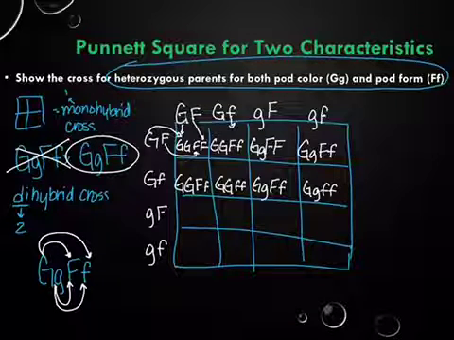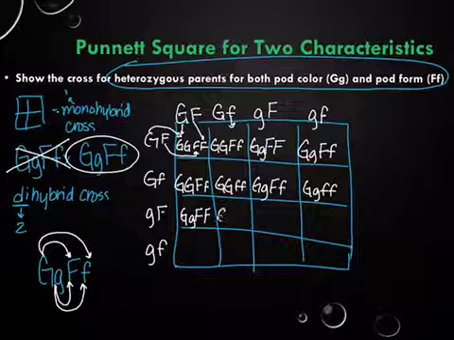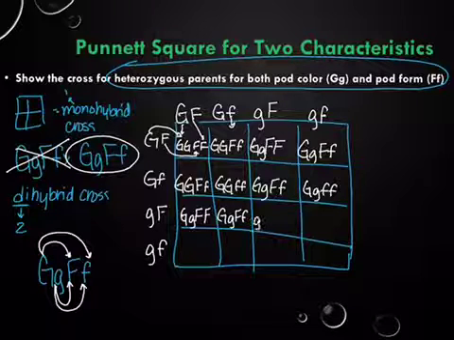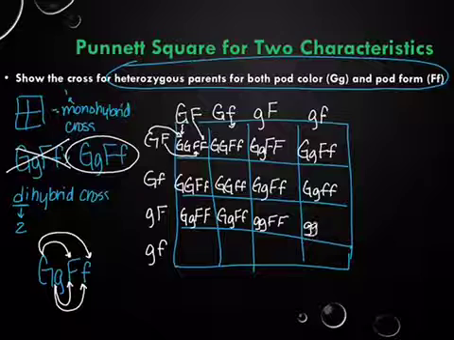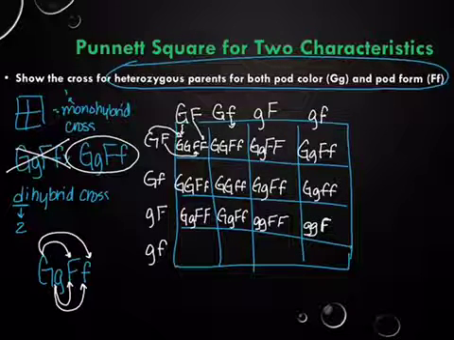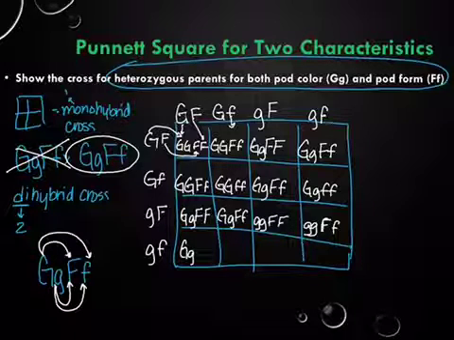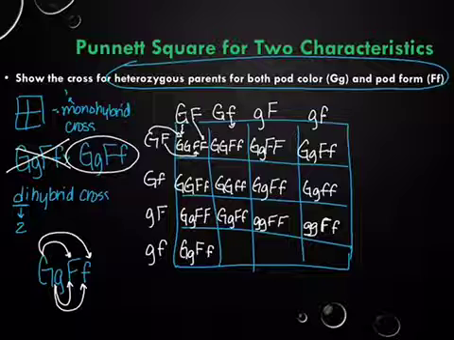Third row, big G from the top, little g from the left side, big F from the left side, big F from up top. And keep going to fill this out. And lastly, big G from the top, little g from the left, big F from the top, little f from the left.